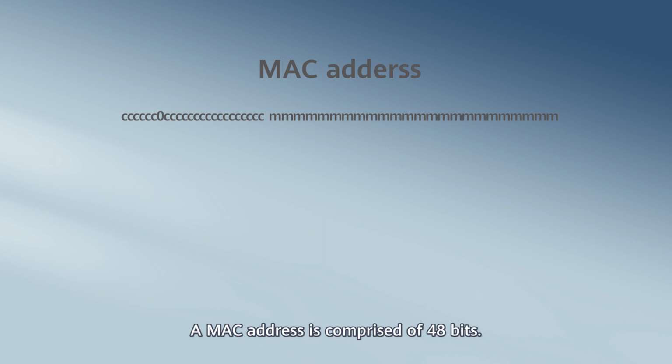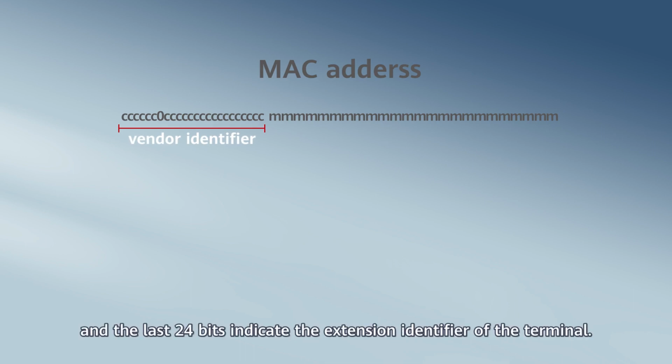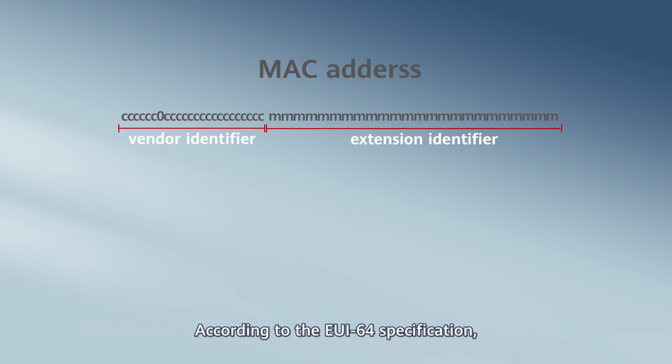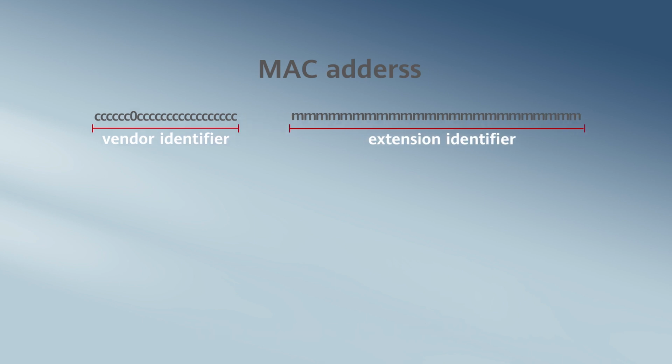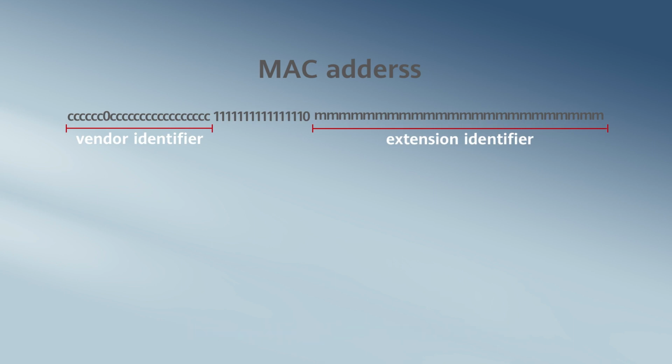A MAC address is comprised of 48 bits. The first 24 bits indicate the vendor identifier of the terminal, and the last 24 bits indicate the extension identifier of the terminal. According to the EUI64 specification, FFFE is inserted between the 2 groups of 24 bits, forming a 64-bit string of characters.